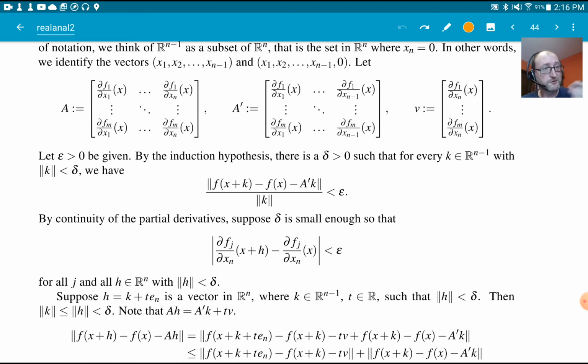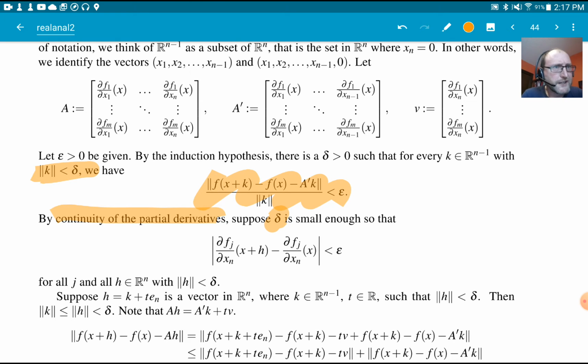That's what we're assuming; this wouldn't be true otherwise. We need to assume something. So we're assuming the continuity of the partial derivatives. Now suppose that delta is also small enough. If this is true for all these k, we could make delta still smaller as long as it's positive, and we would still have this; we just have it for fewer k. Who cares?